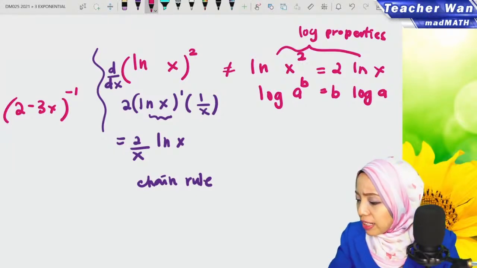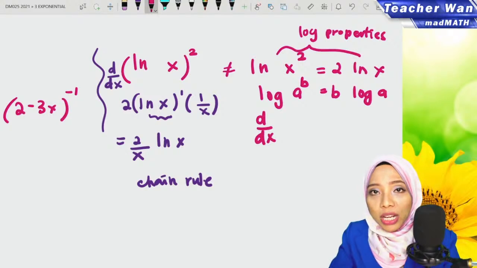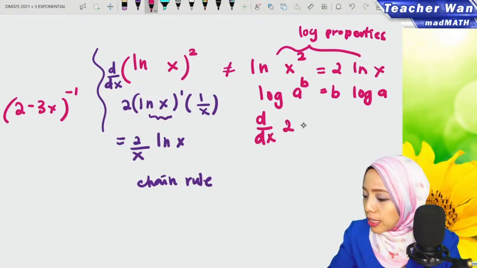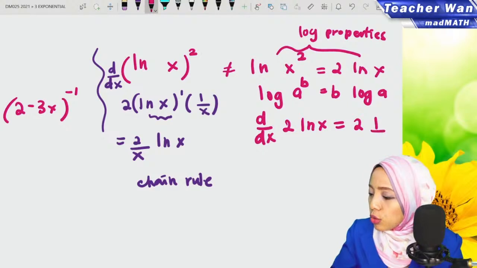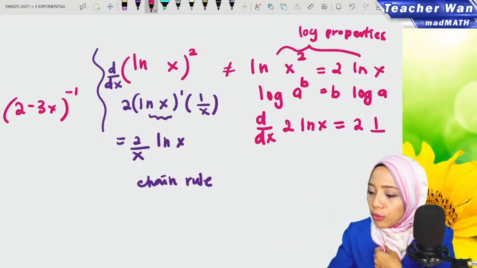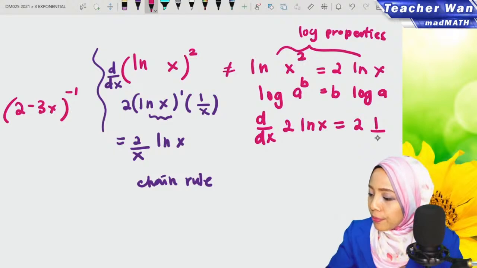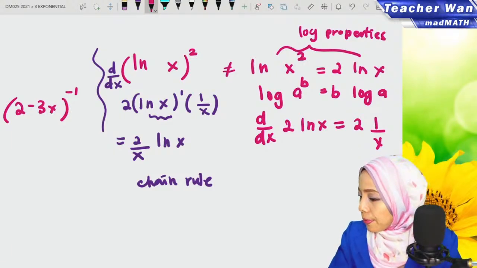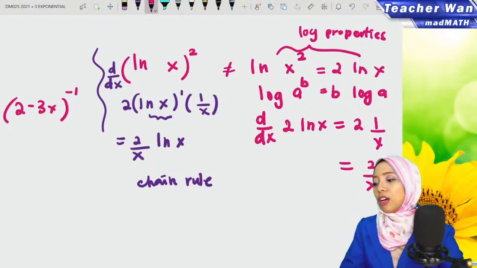So ini bila dah dapat sini d over dx, once you have used the log properties 2 ln x, then only you differentiate ln x will give you 1 over x. Okay tak? So yeah, you get a 2 over x.